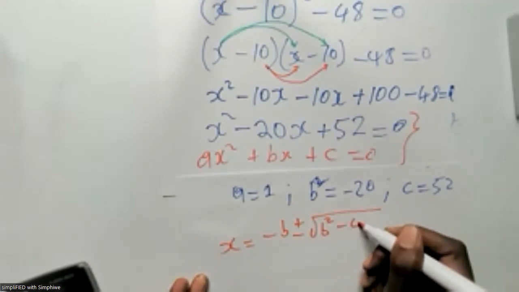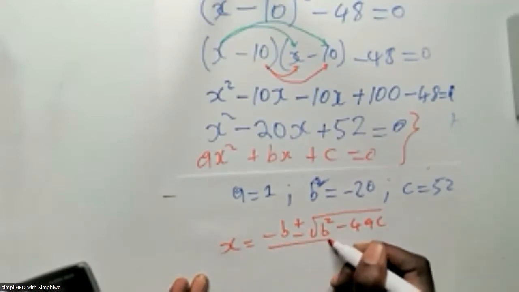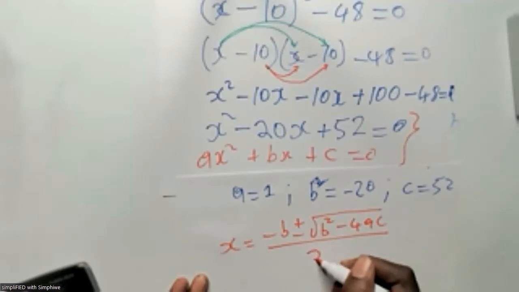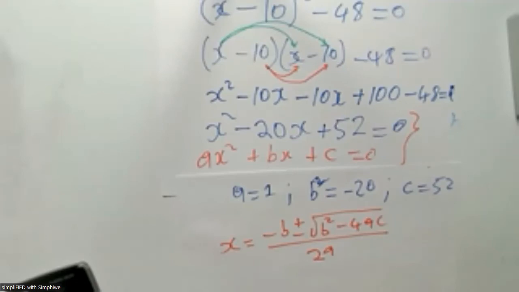We know now that x is equals to minus b plus or minus the square root of b squared minus 4ac all over 2a.